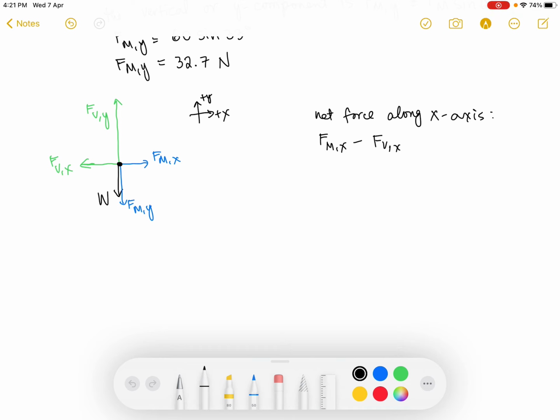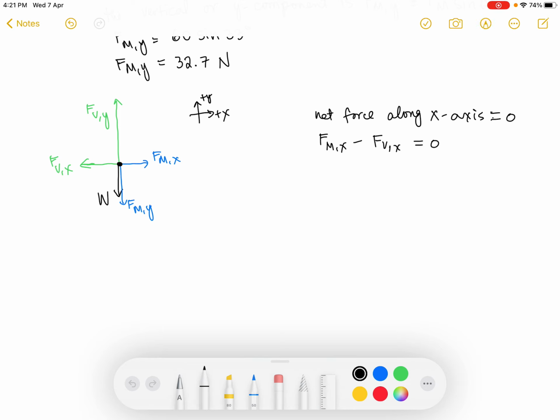Okay, and the net force should be equal to 0, so that all the forces along the x-axis cancel each other out and add up to 0, and we have static equilibrium along the x-axis. So Fmx minus Fvx should be equal to 0.